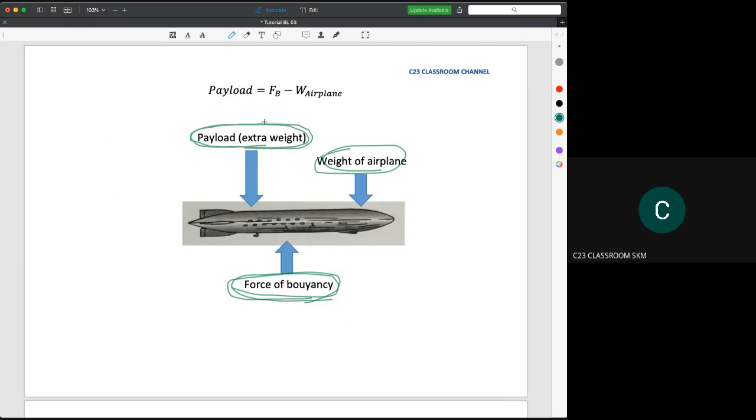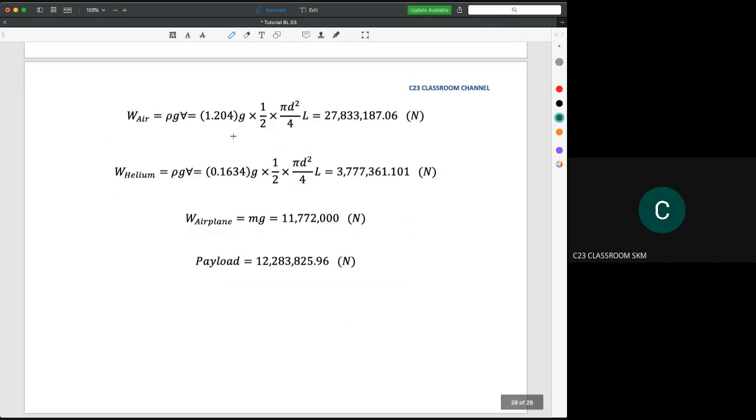So how to calculate the weight here? I simplify it. We know the weight is rho g V: rho and volume give you mass, and then we multiply with gravity to get the weight.